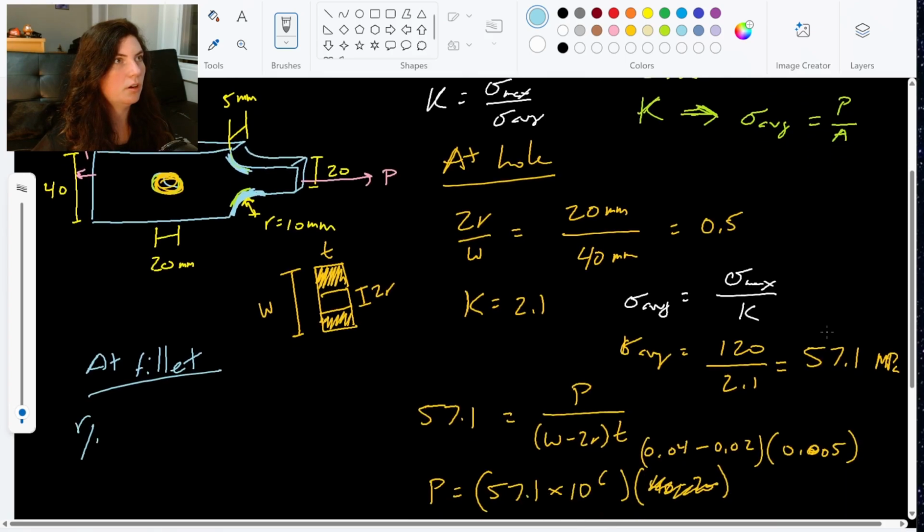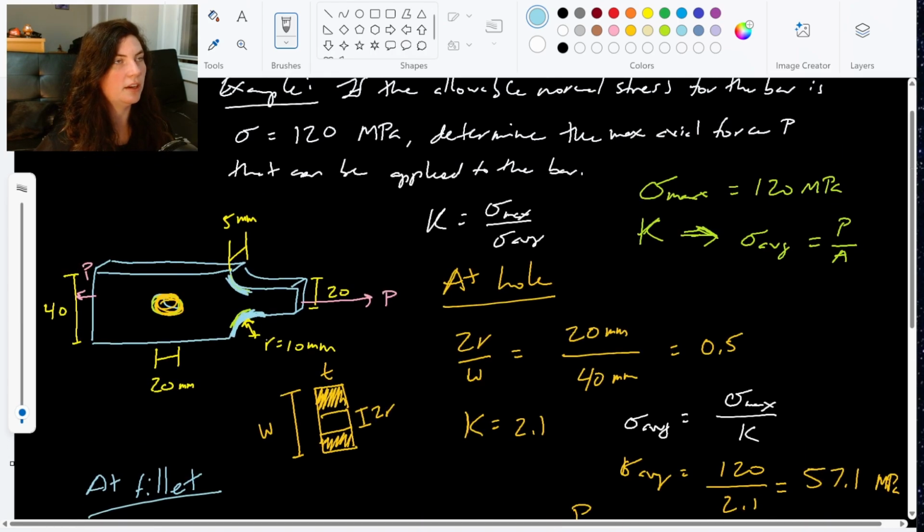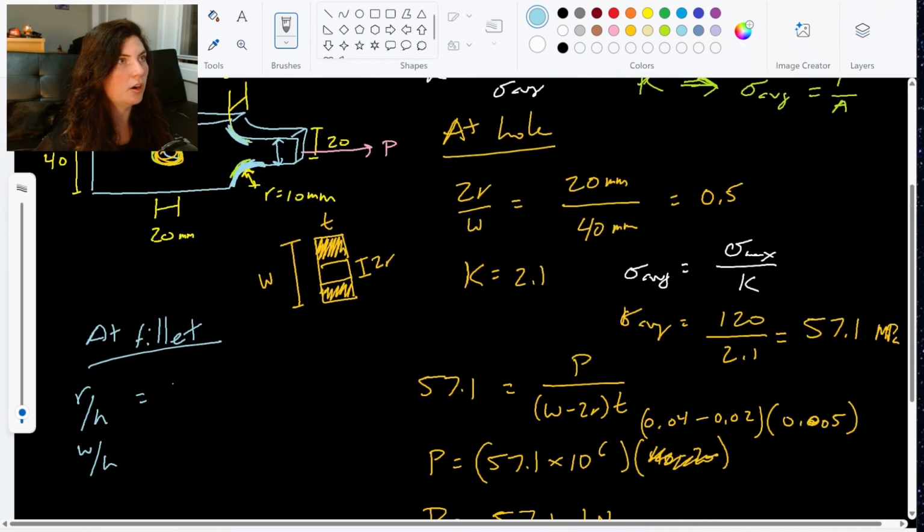Okay, so R over H and W over H. My R over H is going to be that radius R of the fillet, which is 10 millimeters, and then my H here is 20 millimeters. So my R over H, 10 over 20, is 0.5.